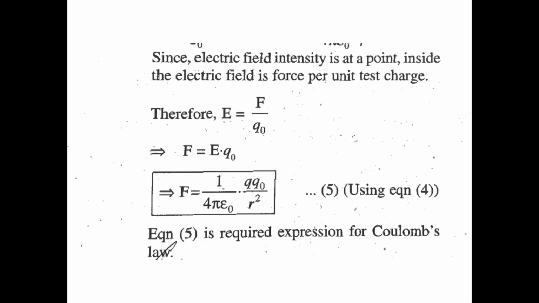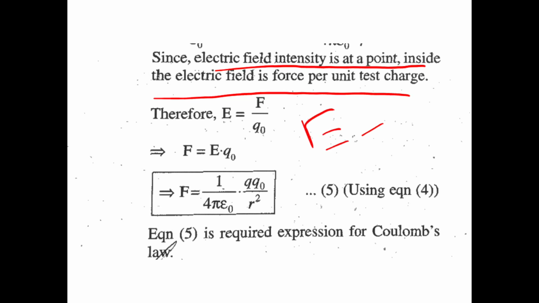Next, since the electric field intensity at a point inside the electric field is the force per unit test charge, we know that electric field is equal to force per unit test charge. Now F is equal to E q0.